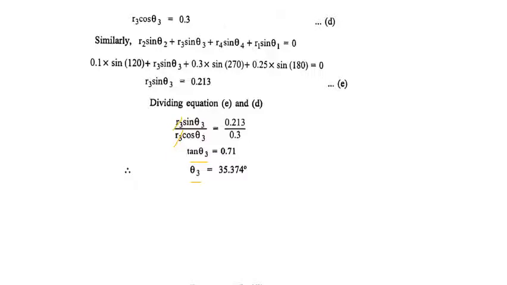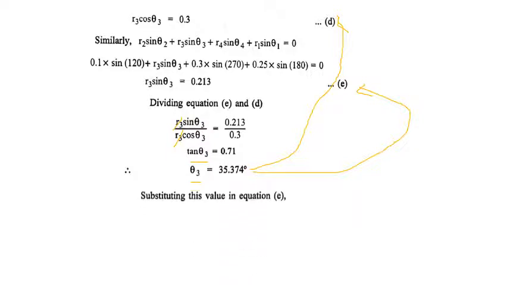Then in order to find the R3 value, because here R3 is unknown, correct? R3 is unknown, theta 3 is unknown. Just now we calculated the theta 3 value. So in order to find R3, substitute the theta 3 value either in this equation or in this equation. You will get the same answer.